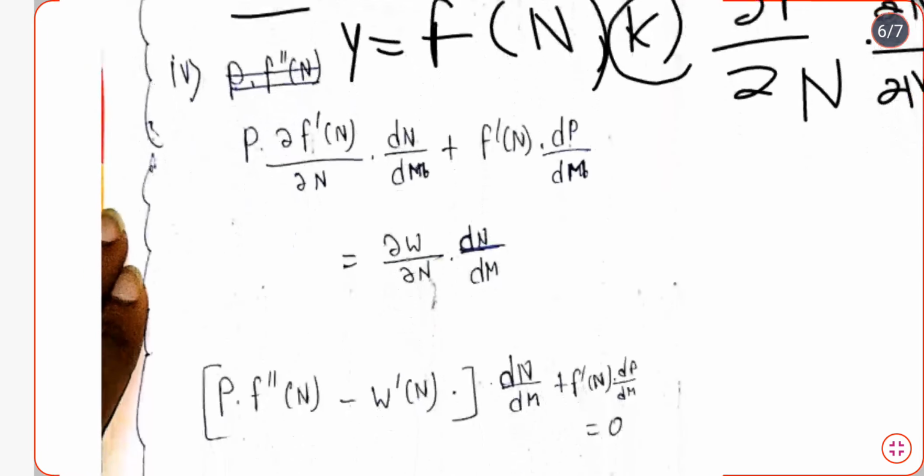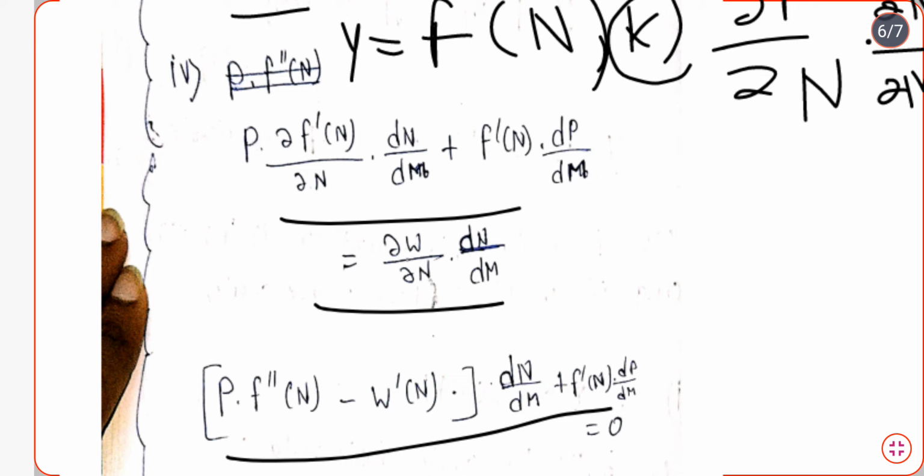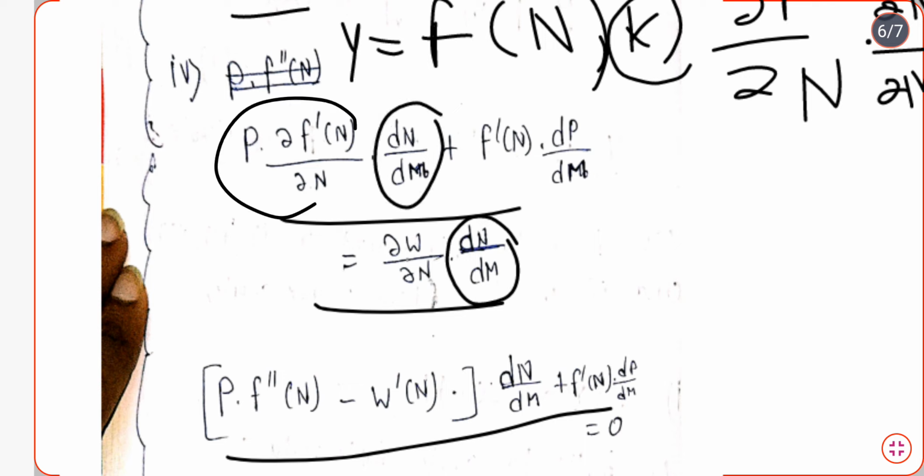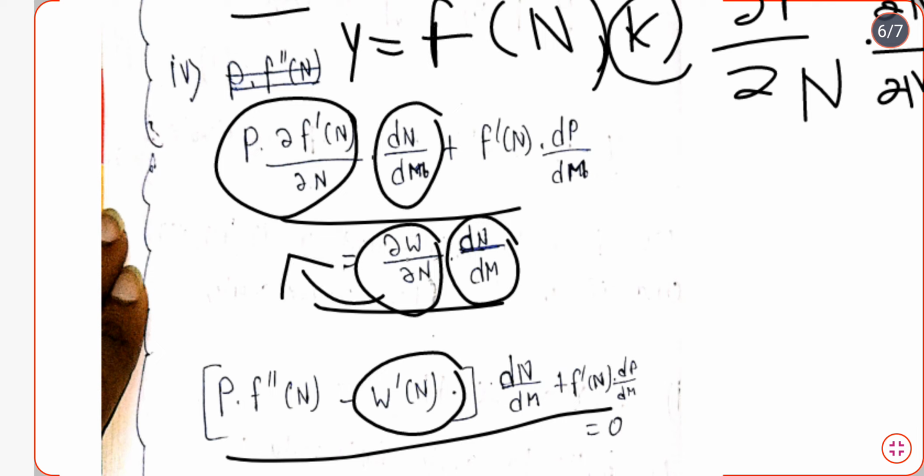In the fourth part we will do the derivative of the last equilibrium condition, that is our labor market equilibrium condition. If we do the derivative, then we obtain this form. We will take dn dm common, since dn dm is here also, and this part minus this part, that is del w del n has become minus w dash n, and when it is coming to the left hand side, it has become w dash n.